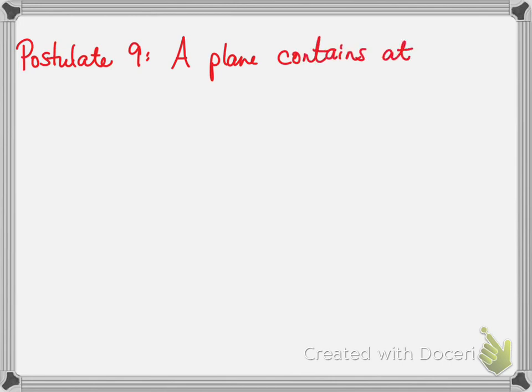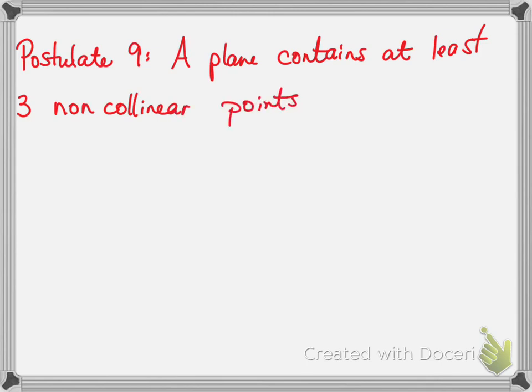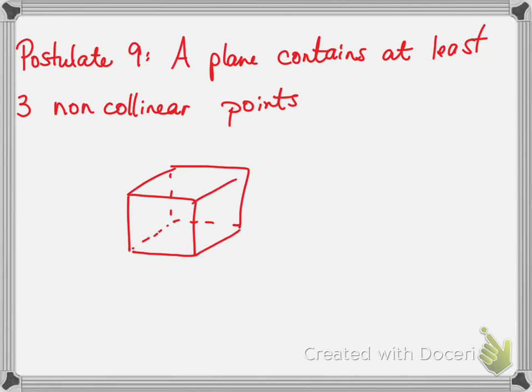Postulate 9. A plane contains at least 3 non-collinear points. So we're talking about this box, and we're going to talk about this top plane.